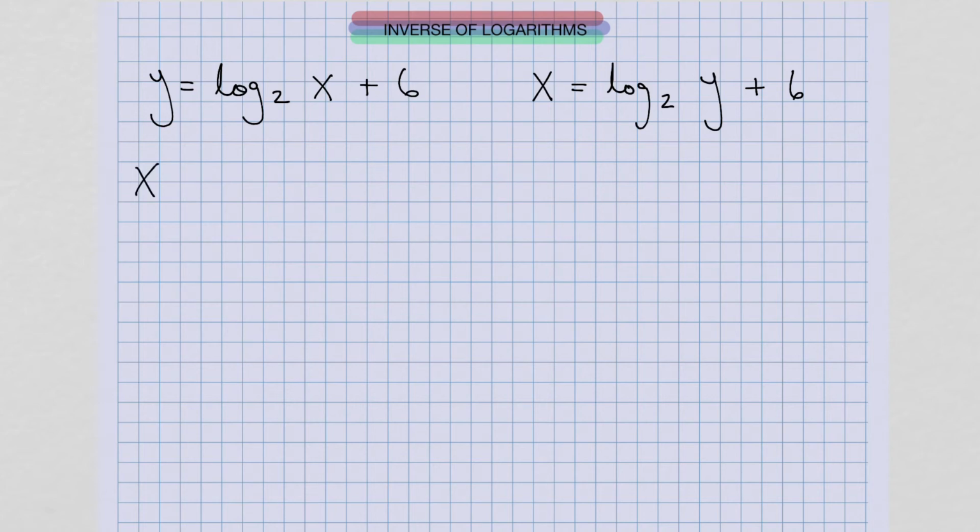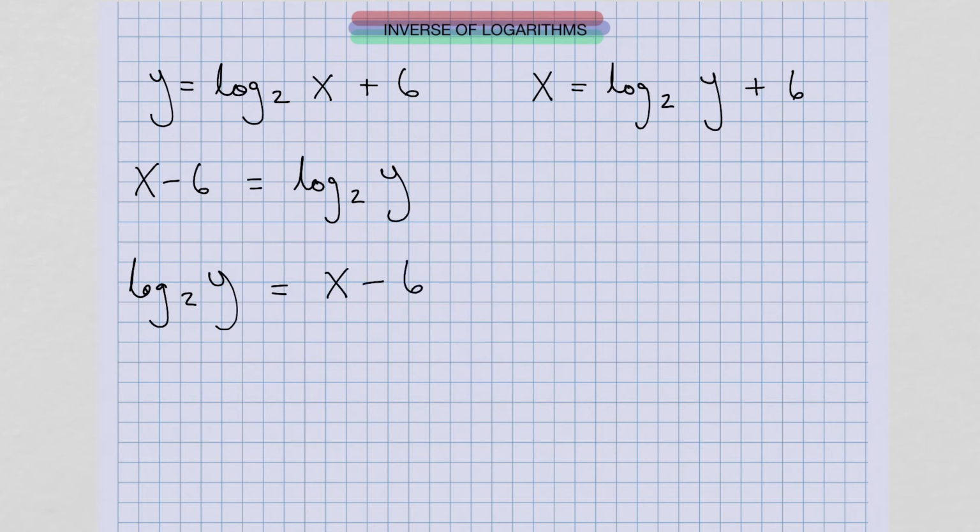So we have x minus 6 equals log base 2 of y. Okay, now another way to write this is we could put things on one side to the other. So we have this log base 2 of y equals x minus 6.